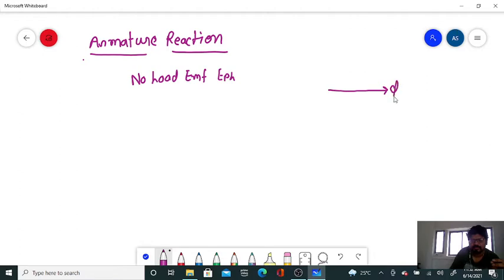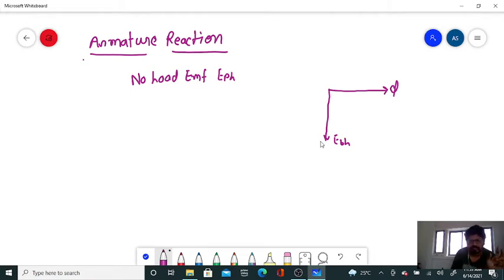That we have seen earlier. If there is a flux phi, then this no load induced EMF will lag the main field flux. Now when we connect load to the armature, there will be a current flowing in the armature, and then there will be an armature MMF and armature flux. Though it is a three-phase current, it will definitely produce a rotating field, which will also rotate in the air gap with the same speed, that is synchronous speed.